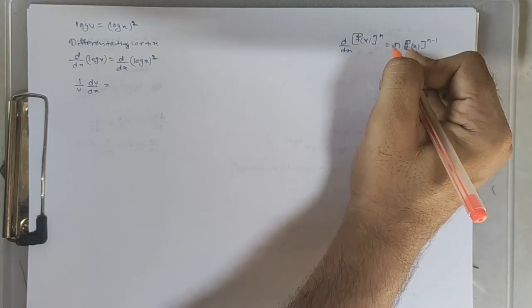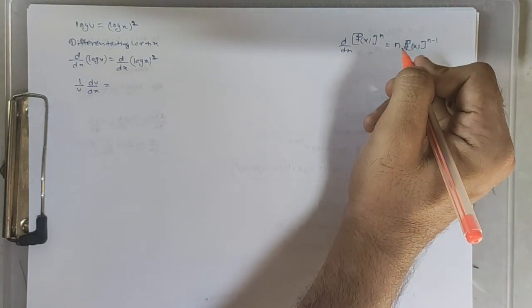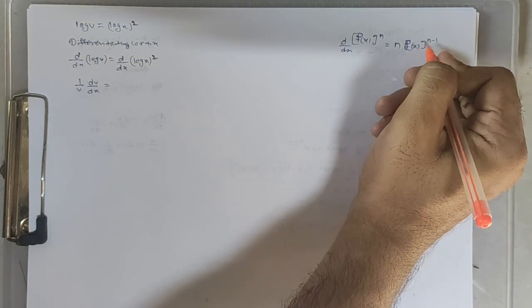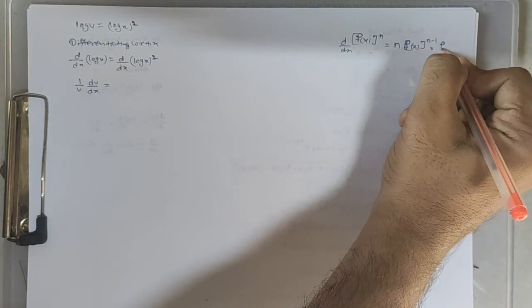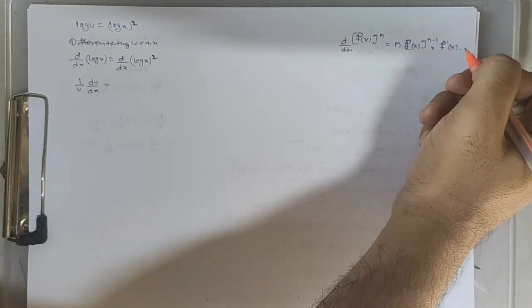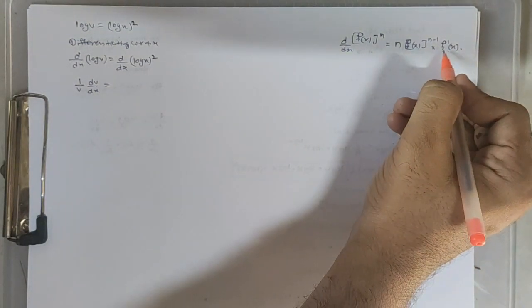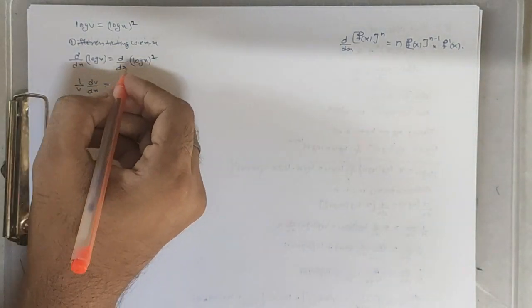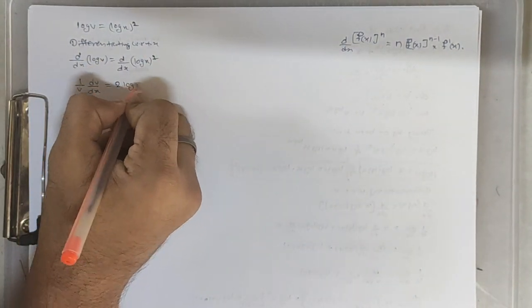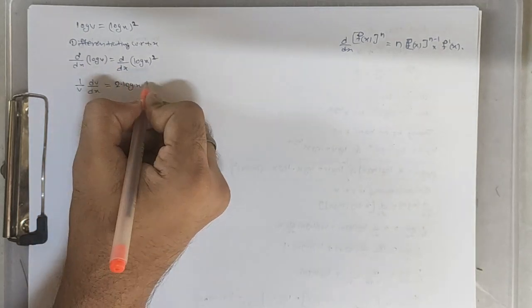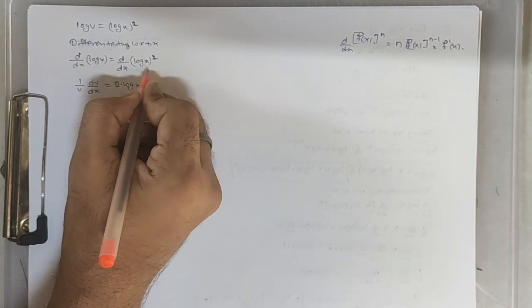As we are writing x raised to n, differentiation of x raised to n is n into x raised to n minus 1, and we are using f dash of x. So this will be f dash of x. Again we have to differentiate f of x. So here 2 log x into again differentiation of f of x, which is log x.